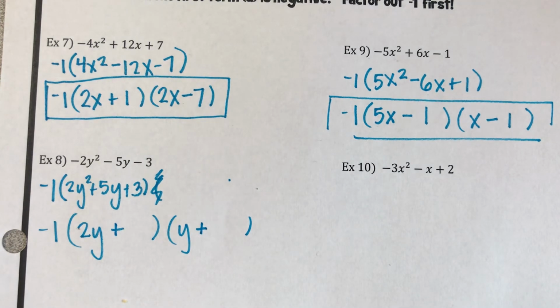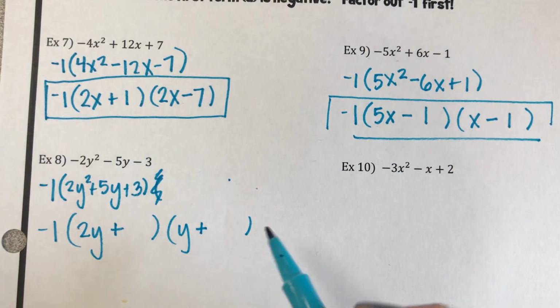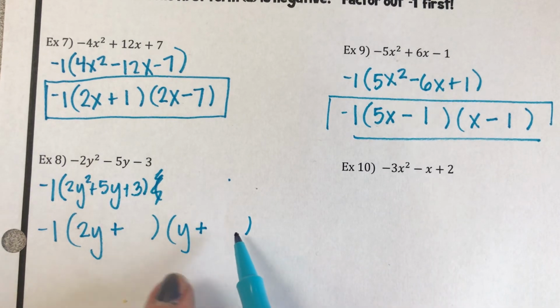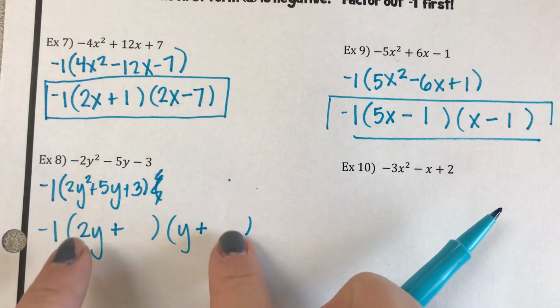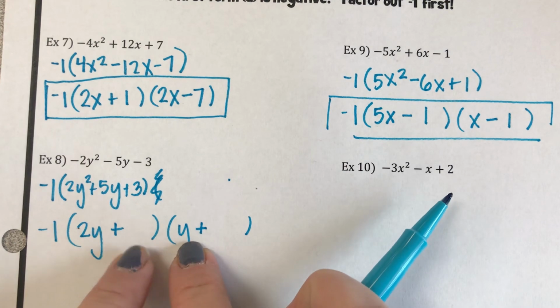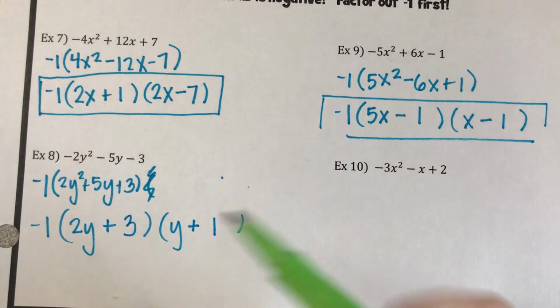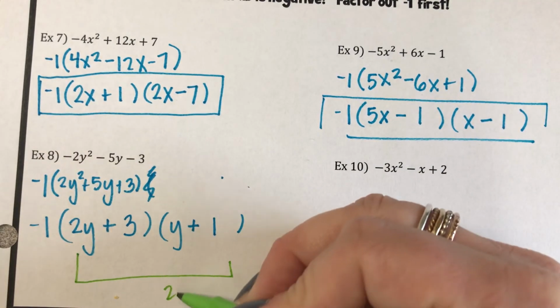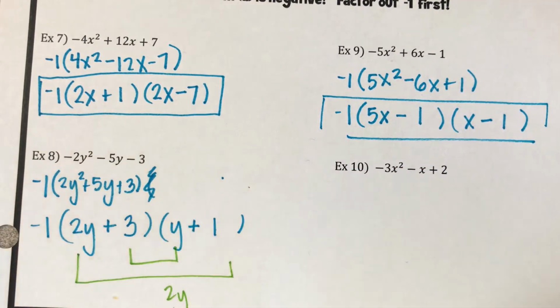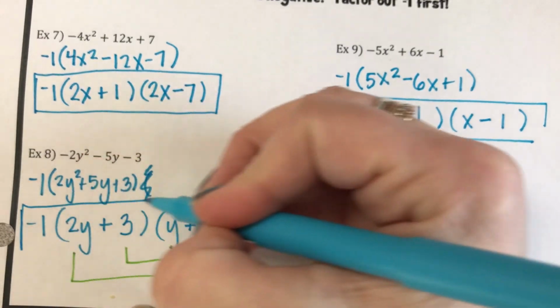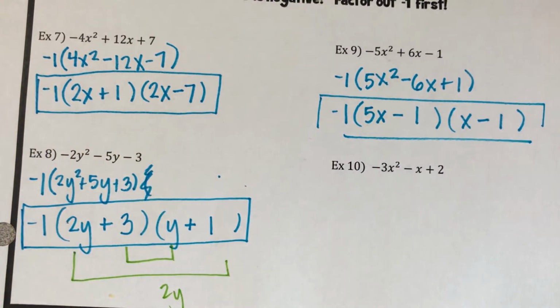To make 3, the only thing I can do is 3 and 1. If I'm trying to make 5 in the middle, if I put the 1 here, that's 2 plus 3. So 3 and 1. If I check my outsides, that's 2y plus 3y is 5y. So that is my whole answer.